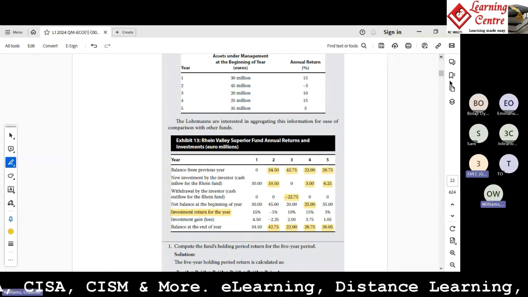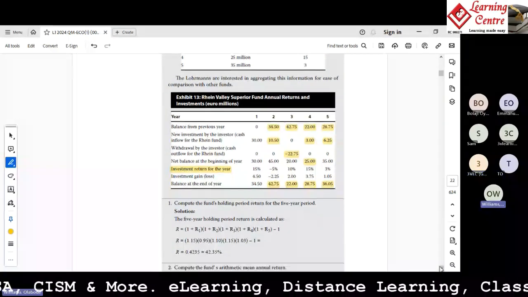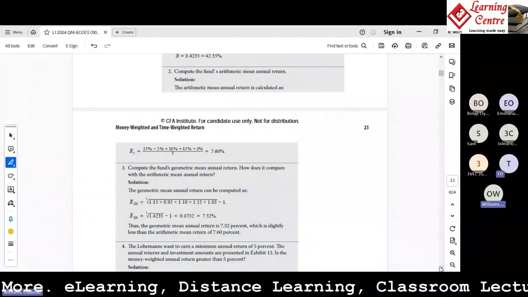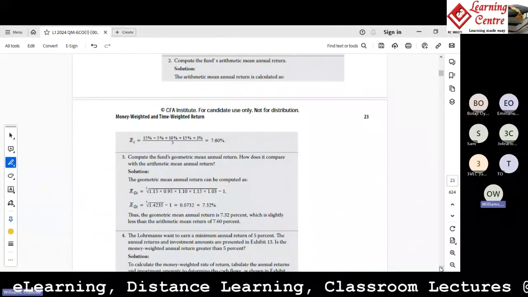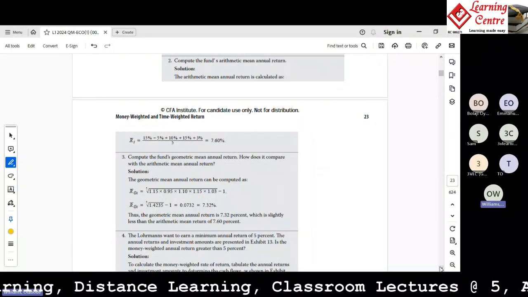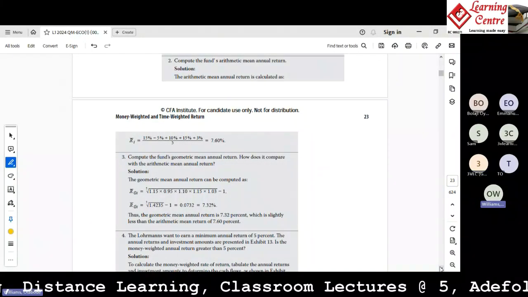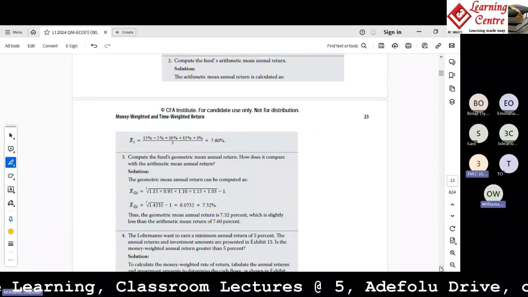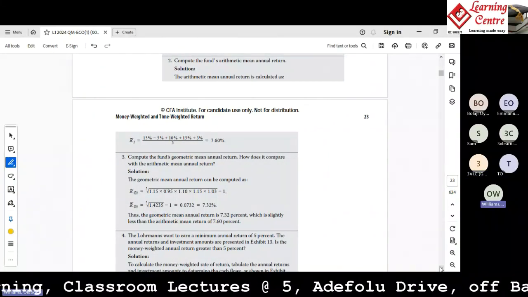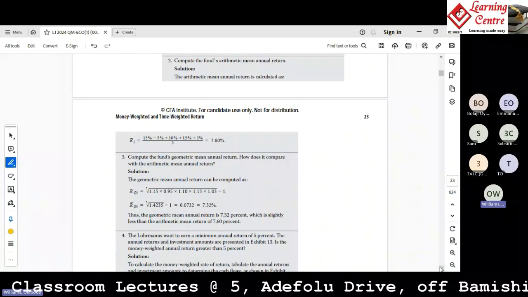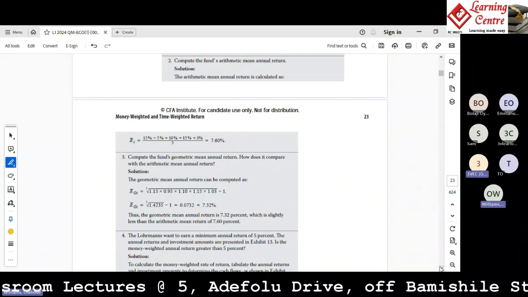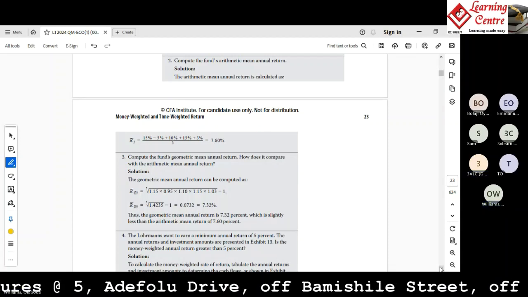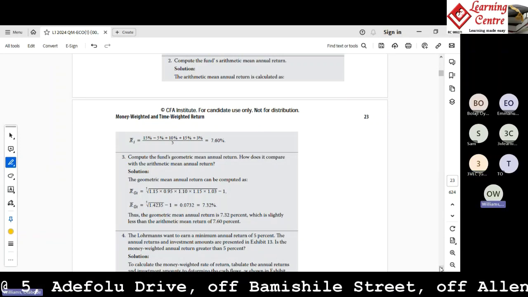Taking into consideration the withdrawal and the additional money, what return did this investment generate on an annual basis? That's what the IRR measures. If we net off everything, all the money that comes in and all the money that goes out, what rate of return has this investment generated? And that is what the IRR represents.